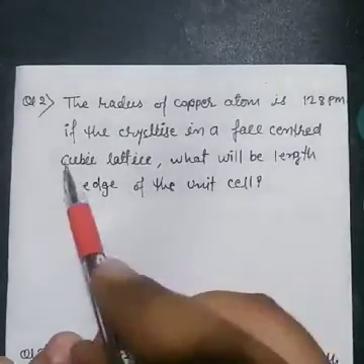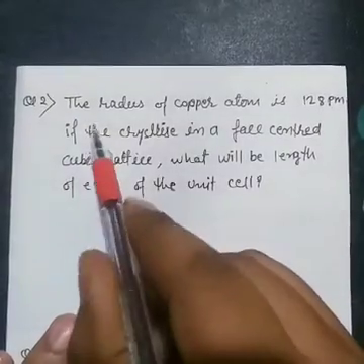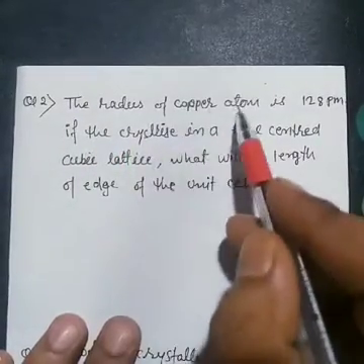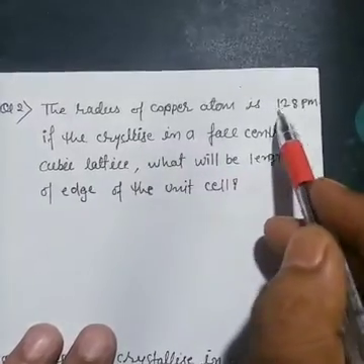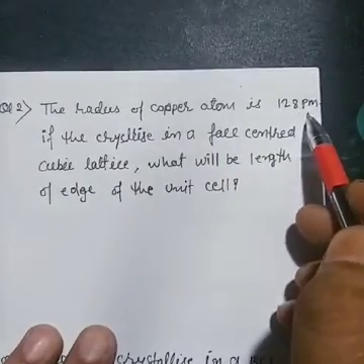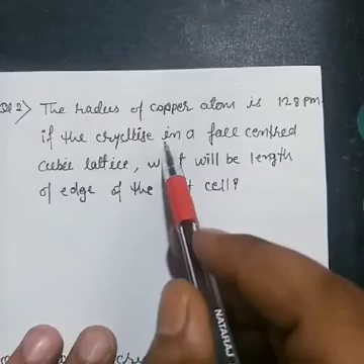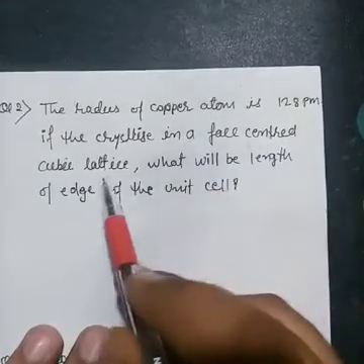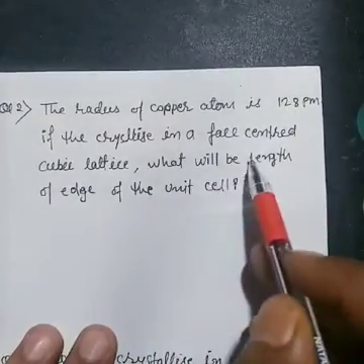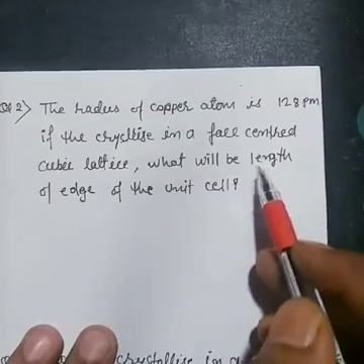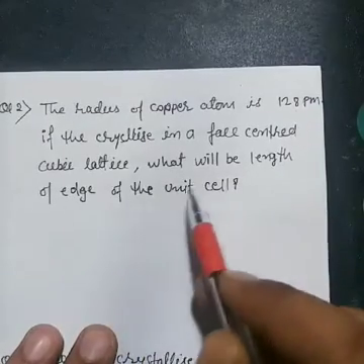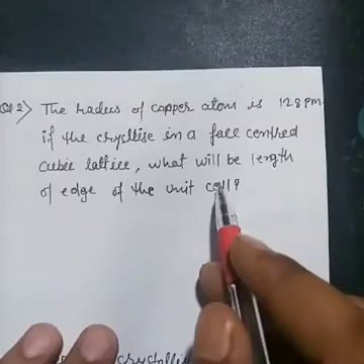Now see, students, the question: the radius of a copper atom is 128 picometer. If it crystallizes in a face centered cubic lattice, what will be the length of the edge of the unit cell? Here it is very important, students.